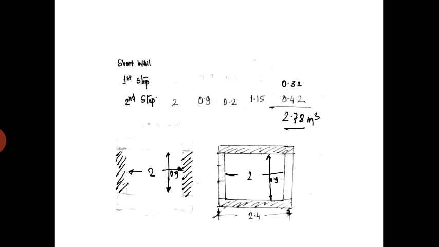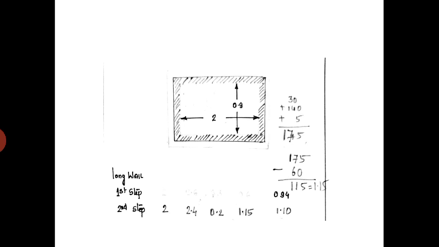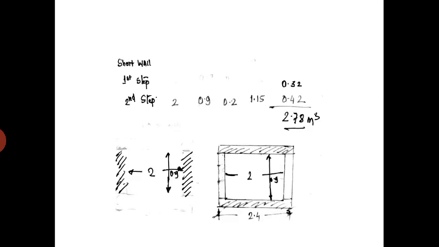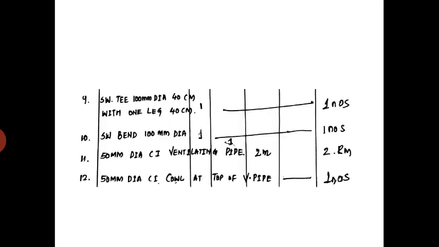Total, if you add starting from the long walls, 0.94 plus 1.10 plus 0.32, then 0.42, you will get 2.78 meter cube. This is how we did the calculation.